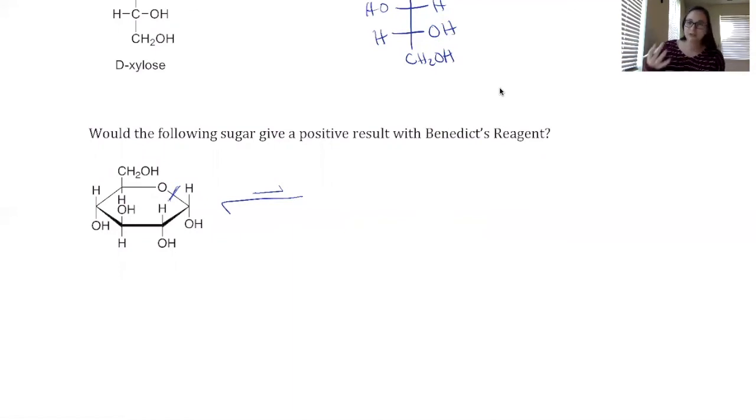So I'm going to draw the exact same molecule, and I'm going to break that bond and form my carbonyl on carbon number 1 right here. I'm going to put a little dot there. Carbon number 1, I'm going to reform my carbonyl at that position and see if it has an aldehyde or a ketone.